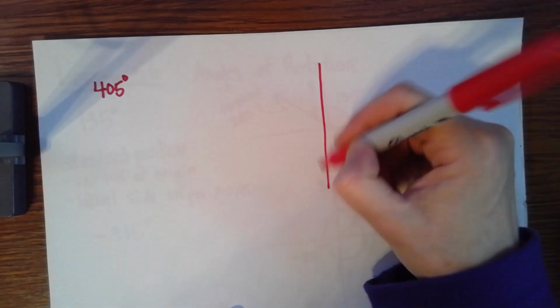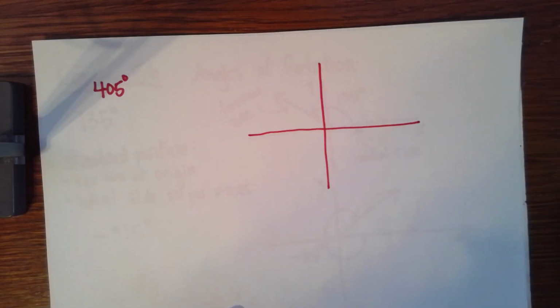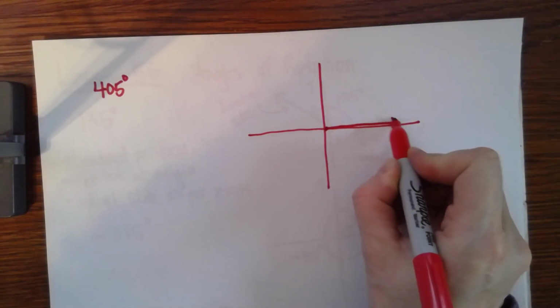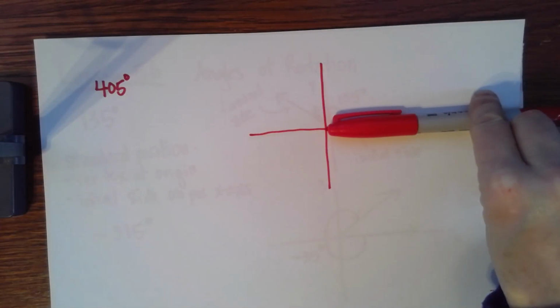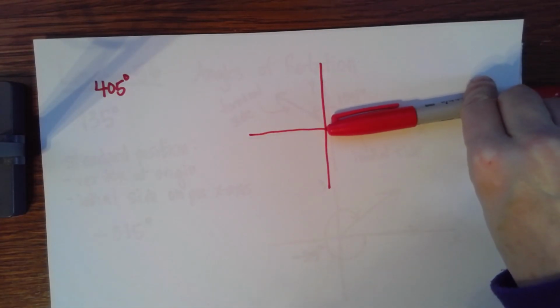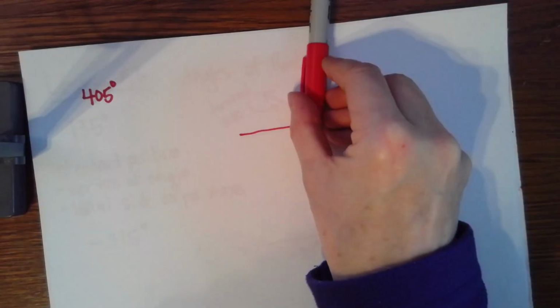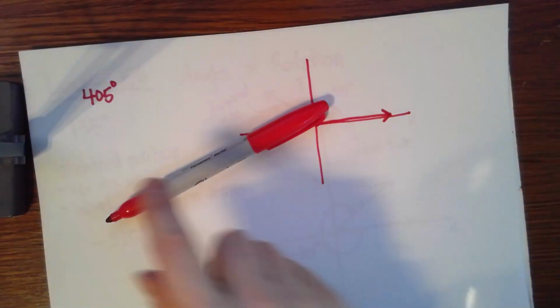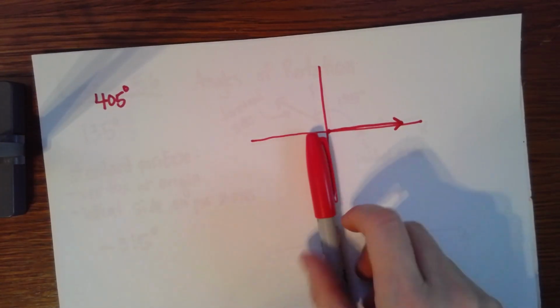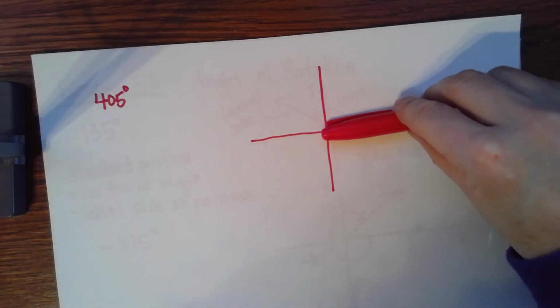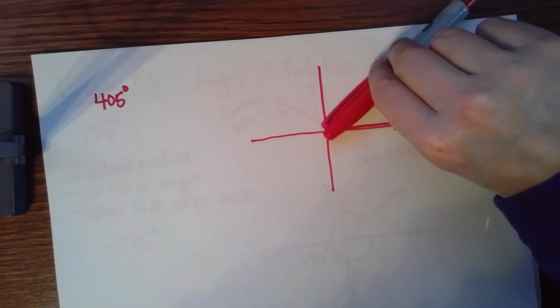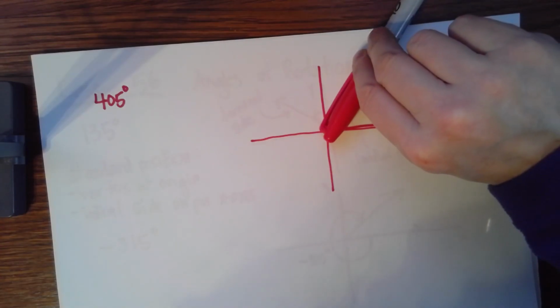Right, so if I were to draw my axes and I put my initial side on the positive x-axis, I could certainly rotate 405 degrees. So I'd start here, I rotate 90, 180, 270, 360, and I keep going. 360, now I'm at maybe 400, 405.